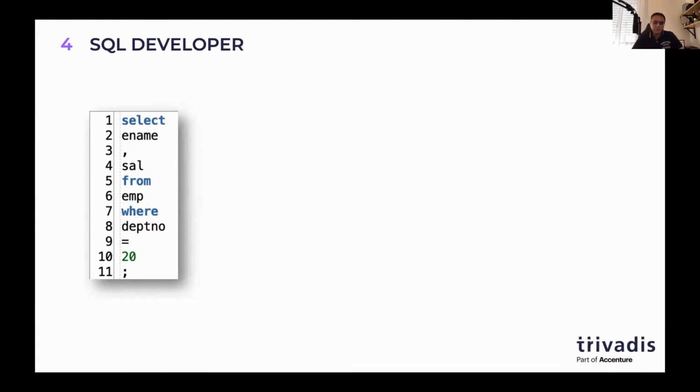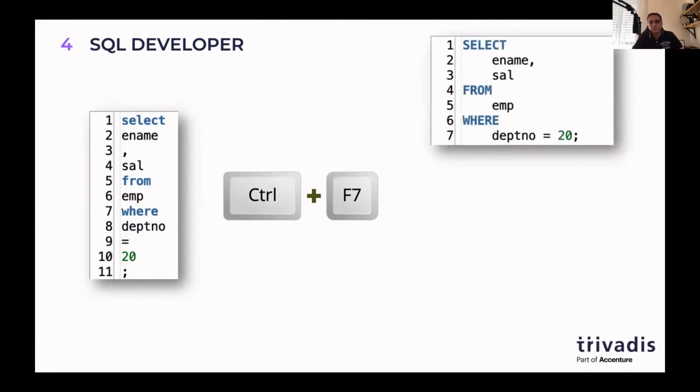When you press Control F7 and you have the default settings enabled, so a plain vanilla installation of SQL Developer, then the formatting result will look like this. The keywords are in uppercase, and you have an indentation of four characters. This is how it looks.